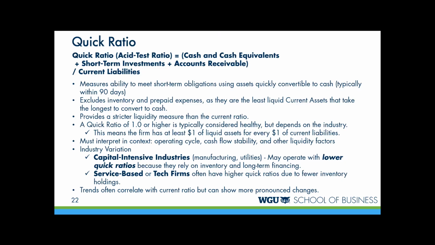Whereas with our service-based or tech firms, they're going to have higher quick ratios because, as we said, their inventory holdings are going to be lower. A firm that sells software with cloud downloads virtually has no inventory to speak of. So their quick ratio is going to look significantly different than a manufacturer's quick ratio.